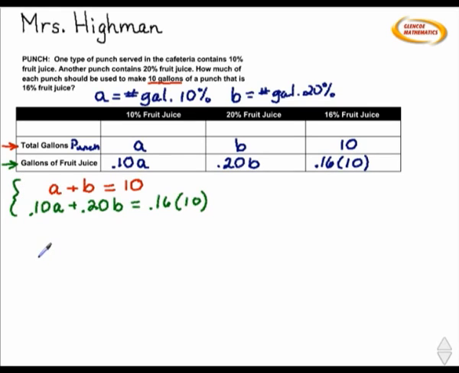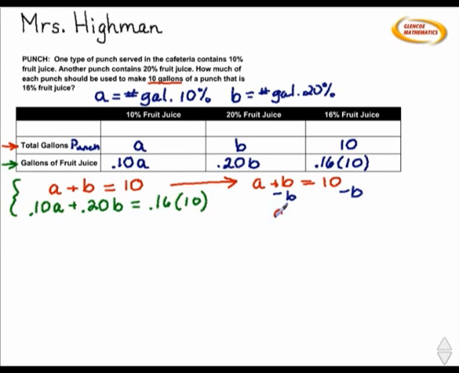We're going to use substitution. So we're going to take the first equation that we have, A plus B equals 10, and let's solve that first for A. So if we have A plus B equals 10, we want to get A by itself, so subtract B from both sides of our equation.